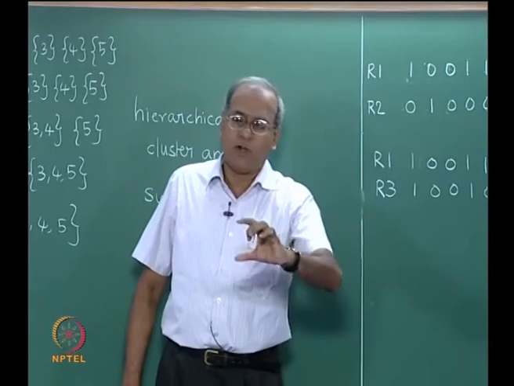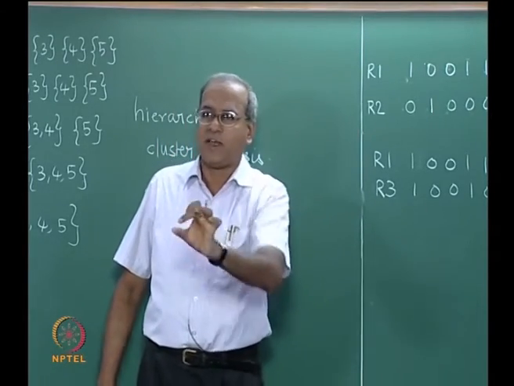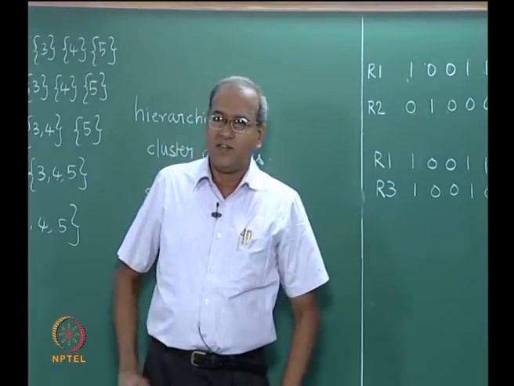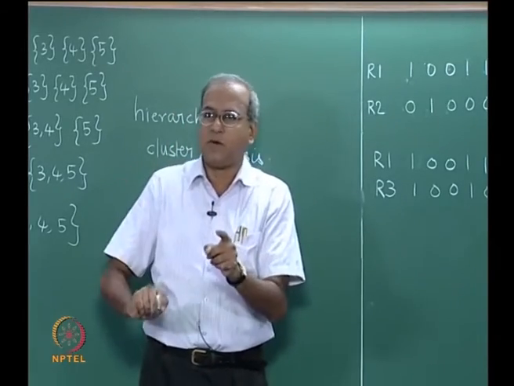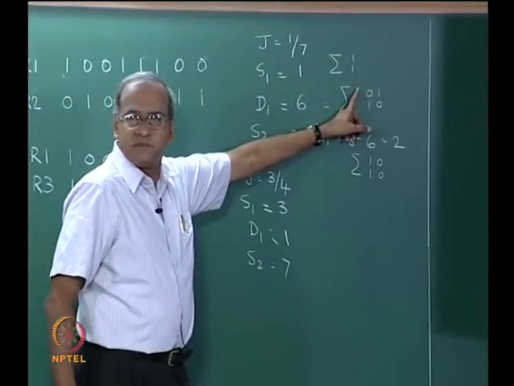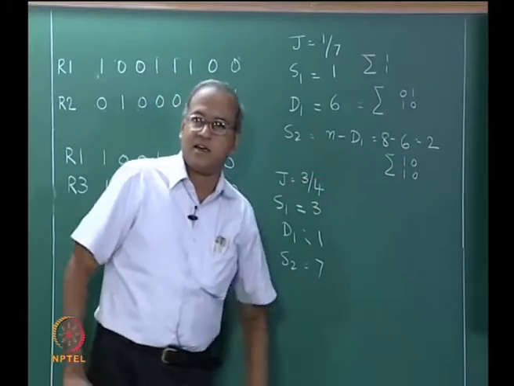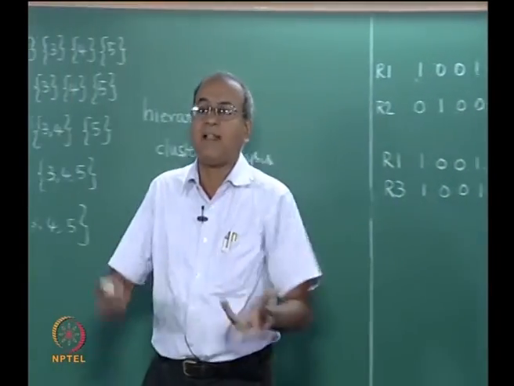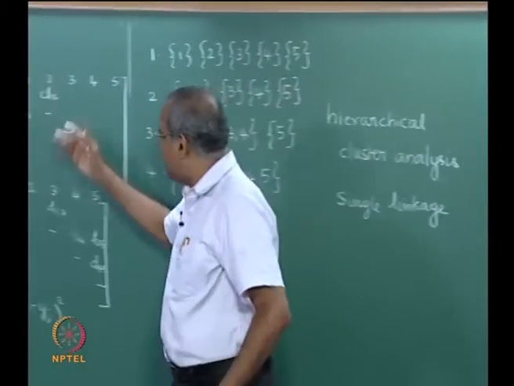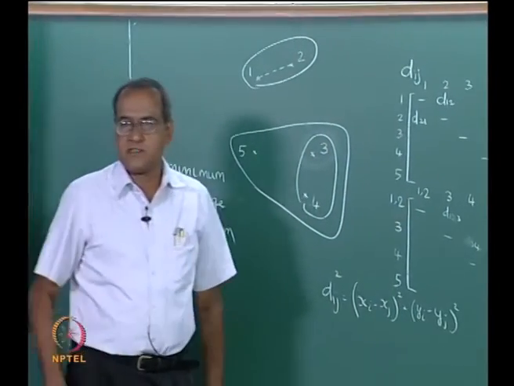So wherever I have 1 1 pair, the distance is 0. Wherever I have 0 0 pair, the distance is 0. When I have a 0 1 pair and a 1 0 pair, the distance is 1. Therefore this becomes sum of this. So computing this way, the distance or similarity is equivalent to computing this distance given the coordinates.